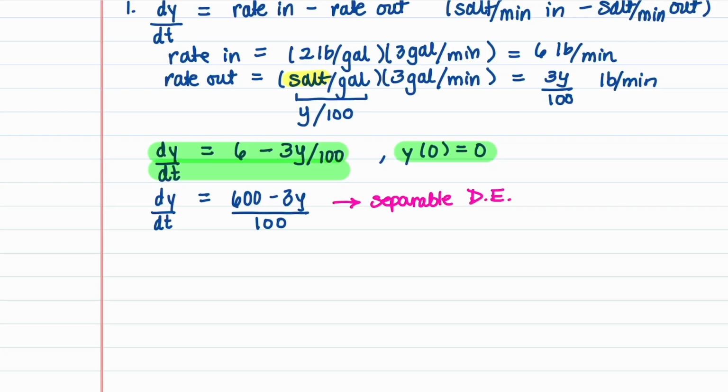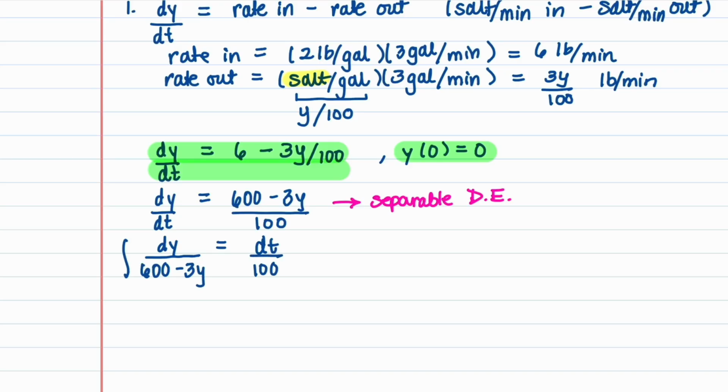So let's move all the y's to the left and the t to the right. This gives us dy all divided by 600 minus 3y is equal to dt divided by 100.